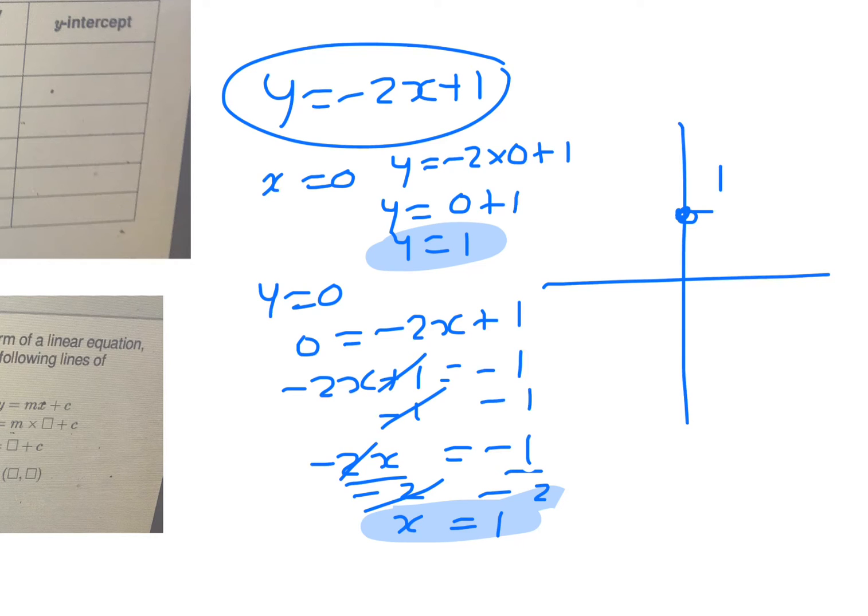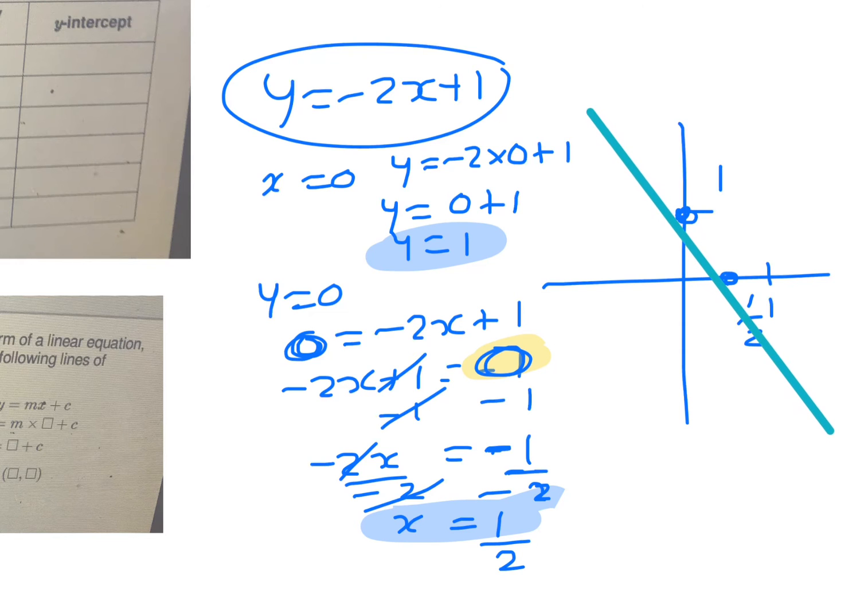Because if you look at it, we'll just go back up here, that's minus 1. On that side there's my other mistake. That was equal to 0. So when you take away 1, you get minus 1. Minus 1 on minus 2 will actually give you 1/2. So that means that it goes through 1/2. So then if you sketch the line that goes through that, that's what it looks like.